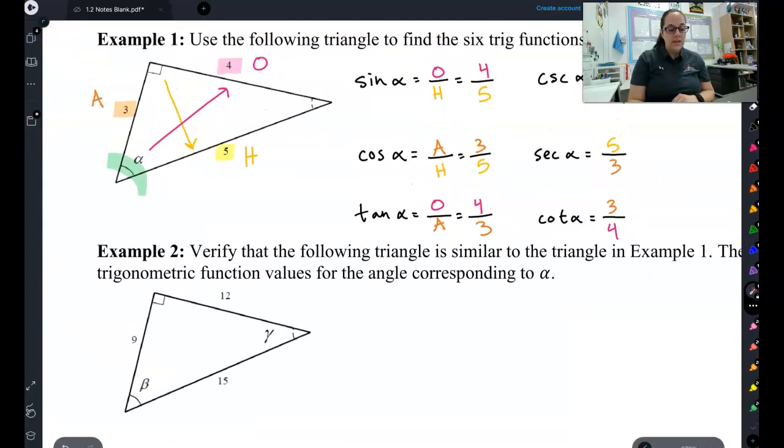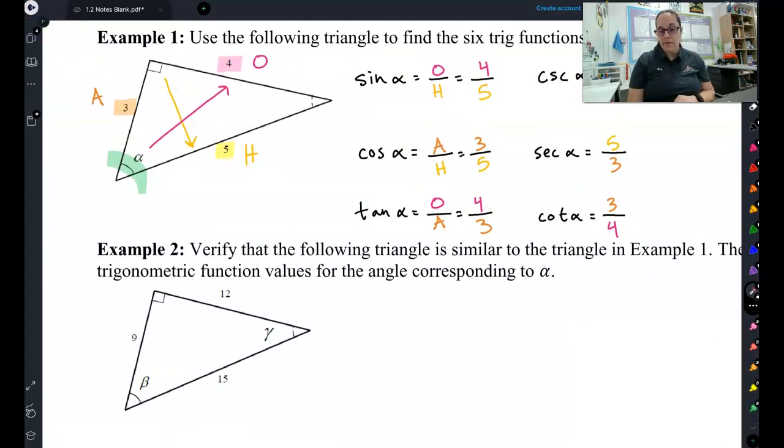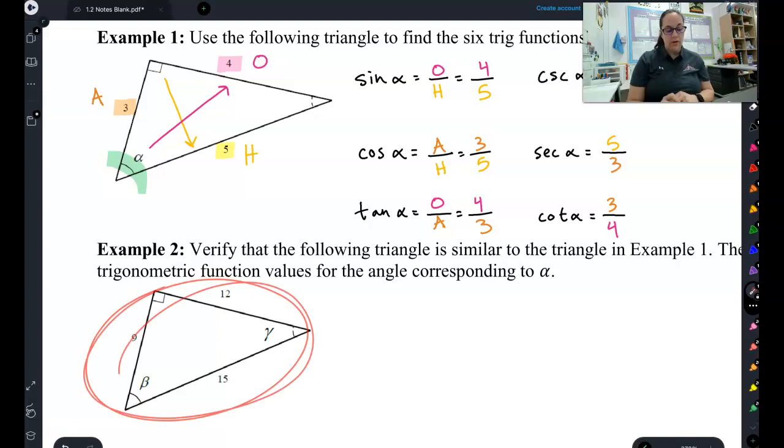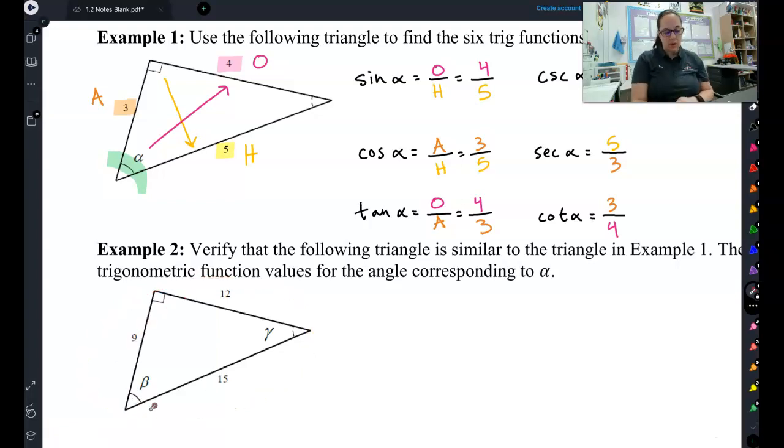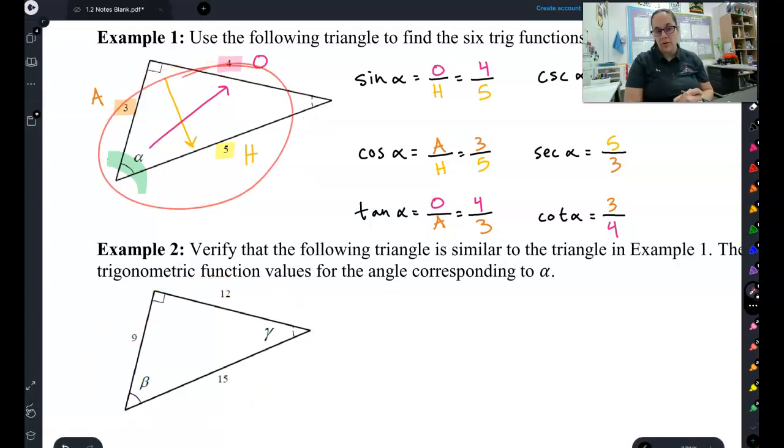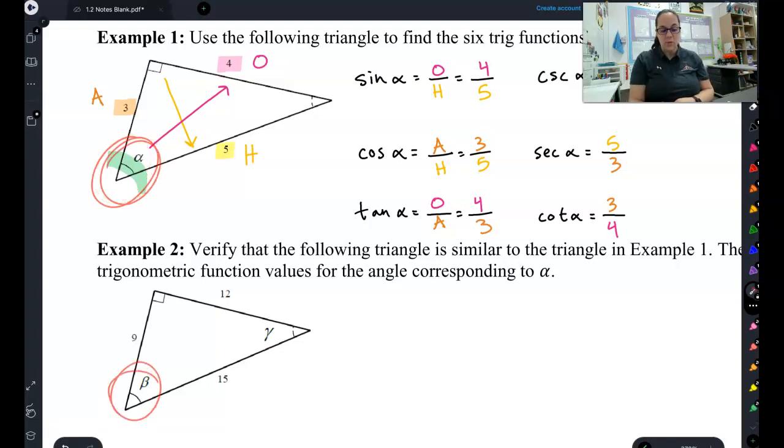So let's start right here by verifying that this triangle is actually similar to this triangle. Now we can't really rely on the angles because we don't know what the angles are. I know that these two are both 90, which is a good start, but I can't prove that this angle is the same as this one and this angle is the same as that one.